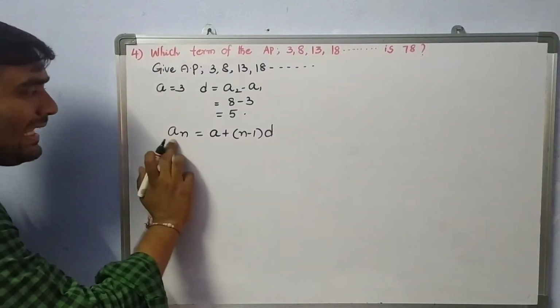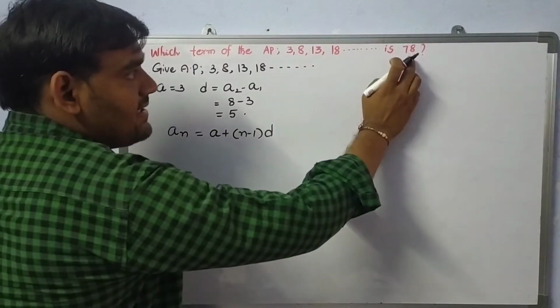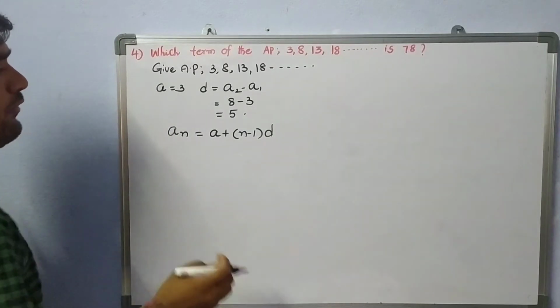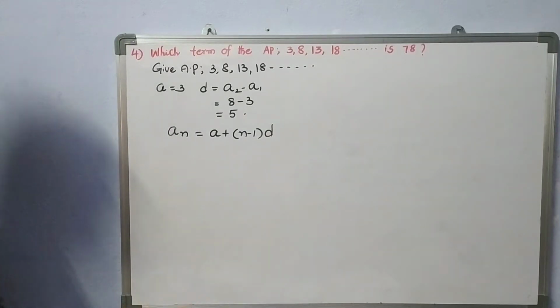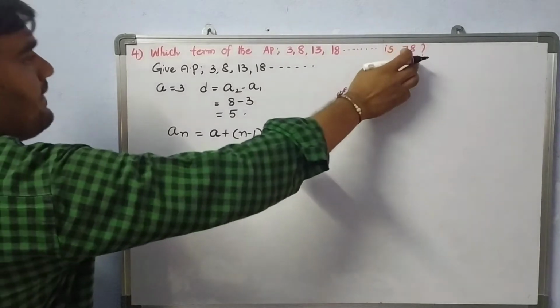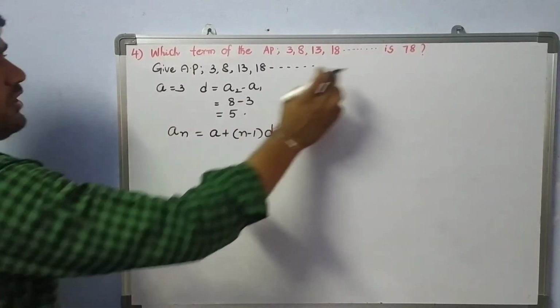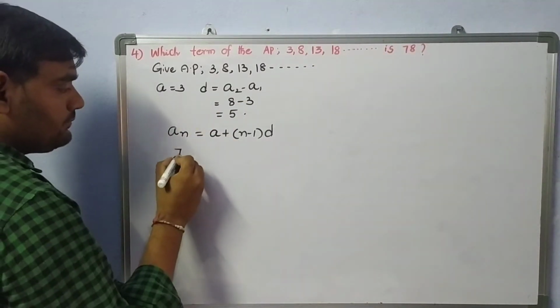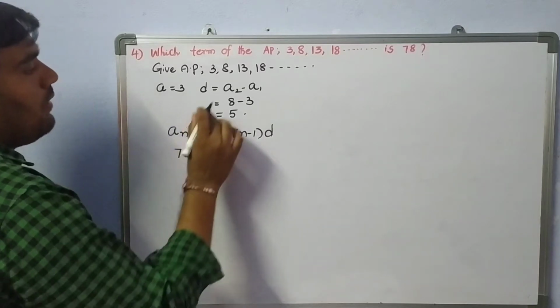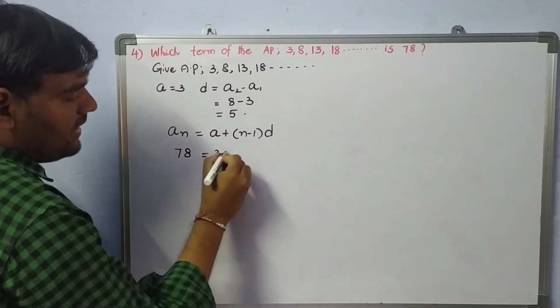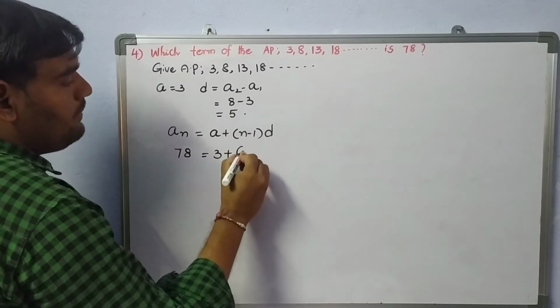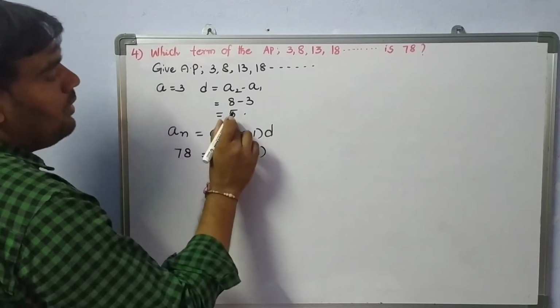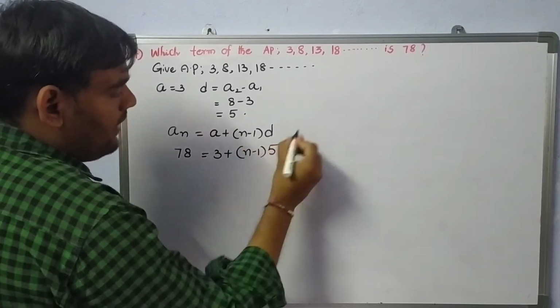Here they have given the nth term, that is 78, so we need to find the number of terms, and then we can say which term is 78. So in place of an we take 78. First term a is 3, plus n minus 1 into common difference d, which is 5.